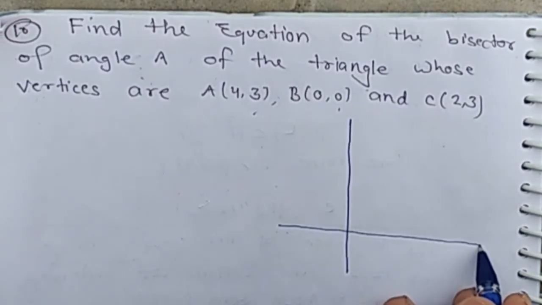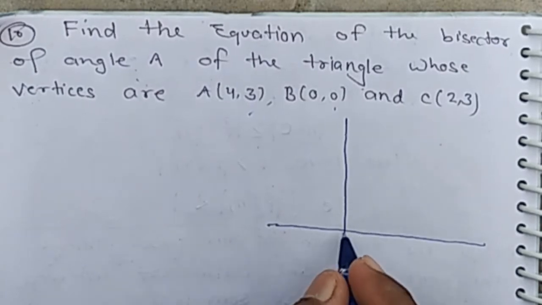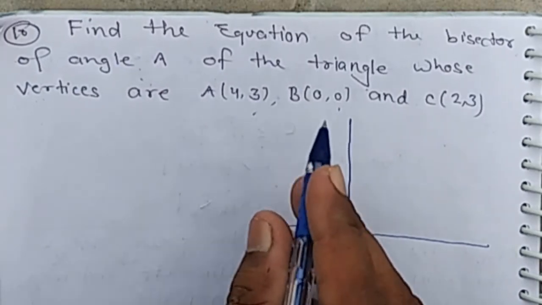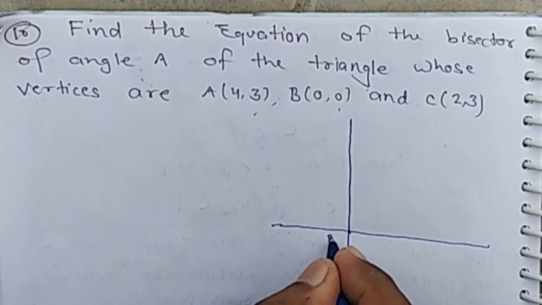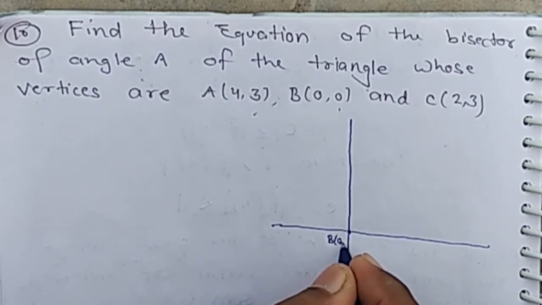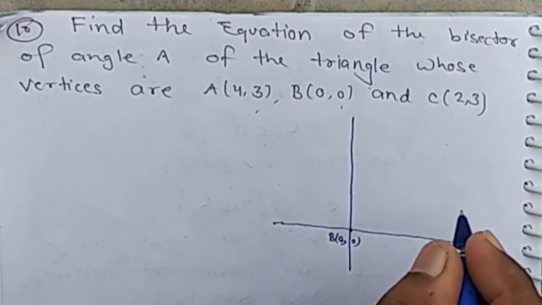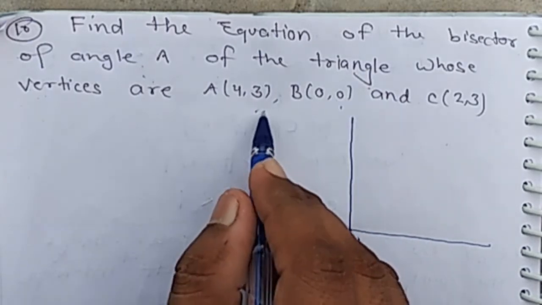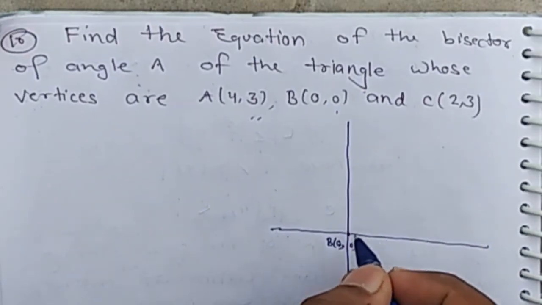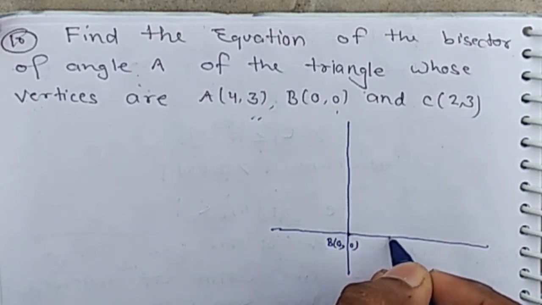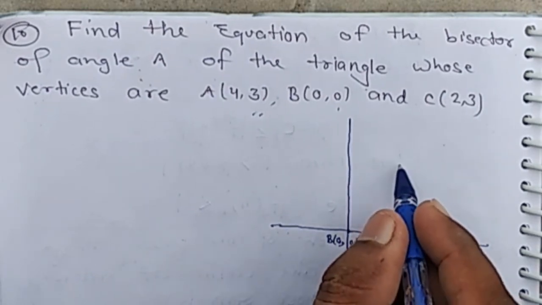Firstly, we plot these points on the Cartesian plane. B is (0,0). Point A is (4,3), C is (2,3). (2,3) means the distance on the x-axis is 2 and on the y-axis is 3.